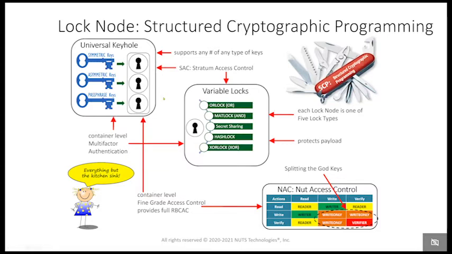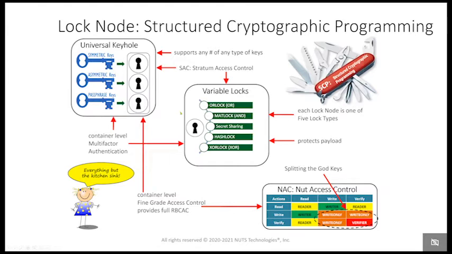Then the next step is what do you do with the keys? Well, the keys interact within this variable lock scenario, and this variable lock mechanism is actually a transmutation. It's described by a single transmutation command that has these 5 different methods of locking: OR locks, AND locks, and secret sharing locks. And they use the keys in the right combinations to get you access into the payload.